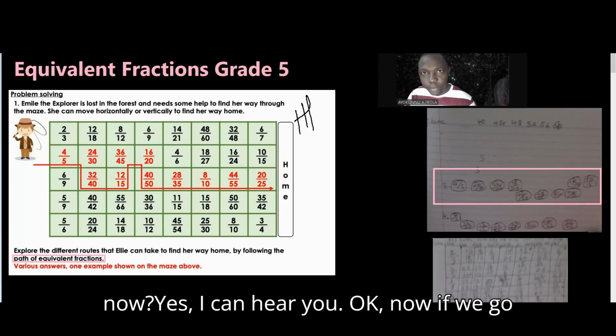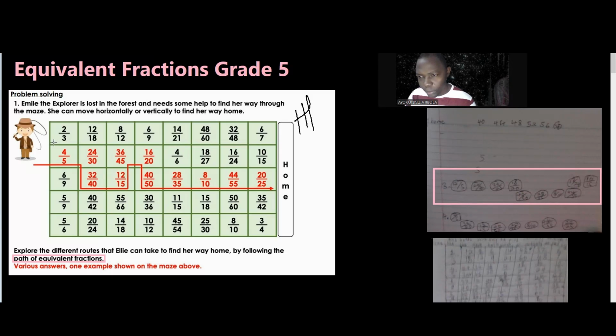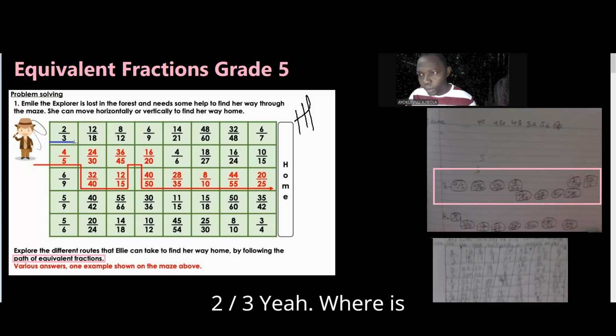Okay, now if we go through another path, 2 over 3, where is the next stop? 24 over 36. 2 over 3.